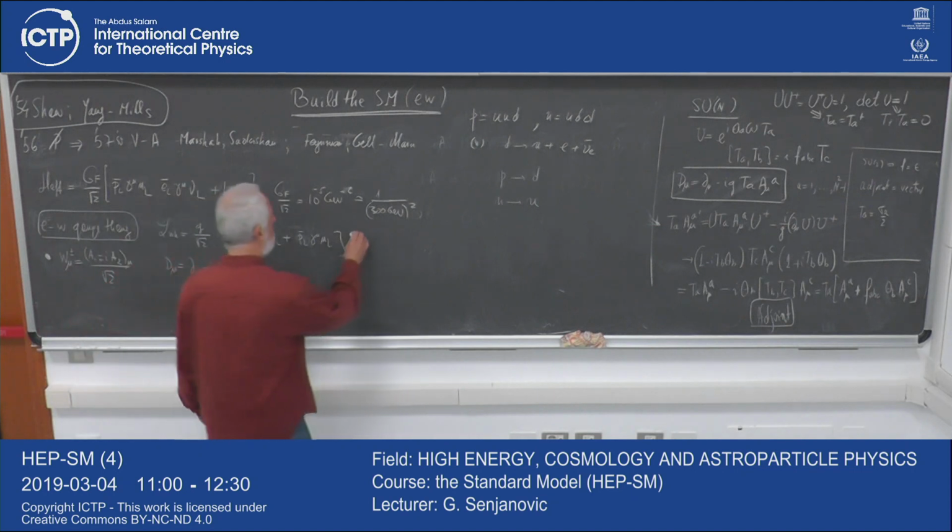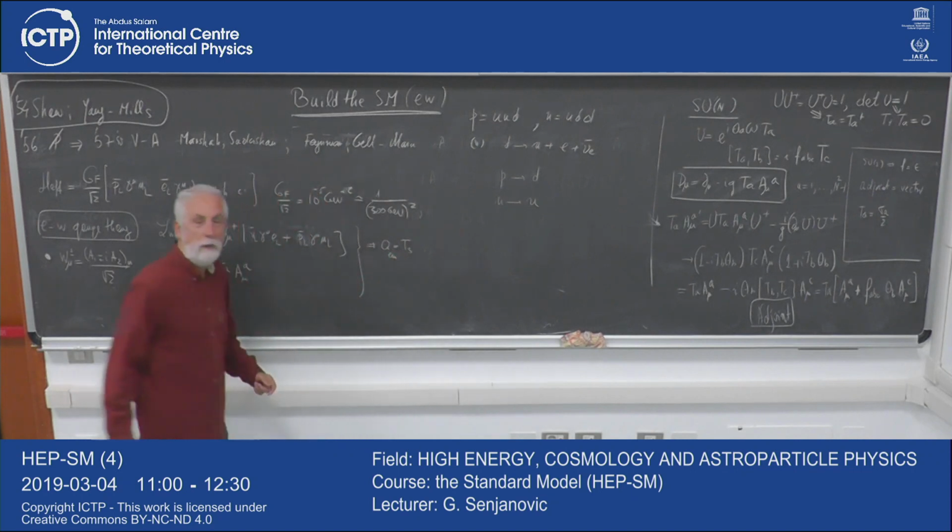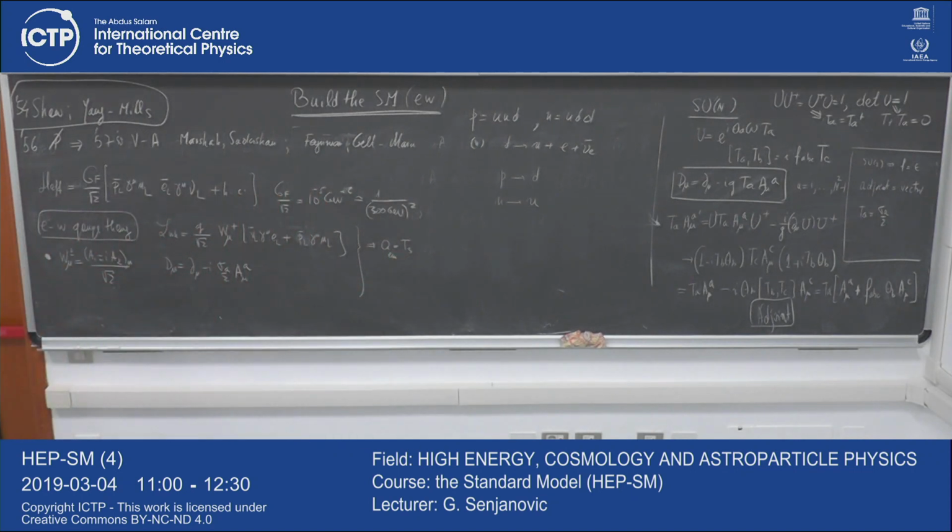The thing, however, that I predict in this theory, this is very important, is that Q electromagnetic is T3. I have no other neutral generator. When I say that I have a unified theory, or some semi-unified theory, there is a gauge group in which lies my photon, that means the photon is a linear combination of the gauge fields inside, or the electromagnetic charge is a linear combination of the charges, or generators.